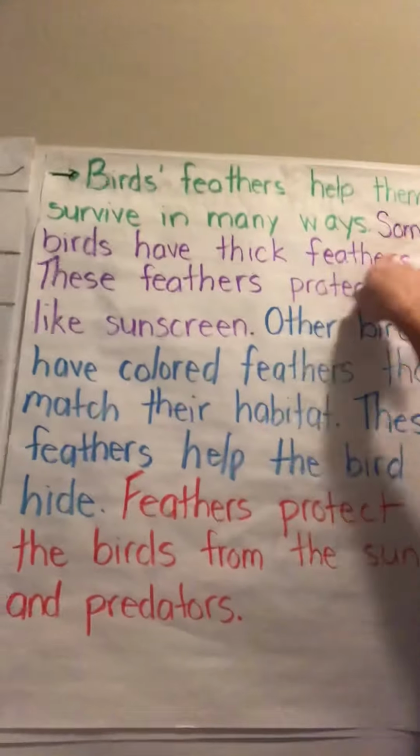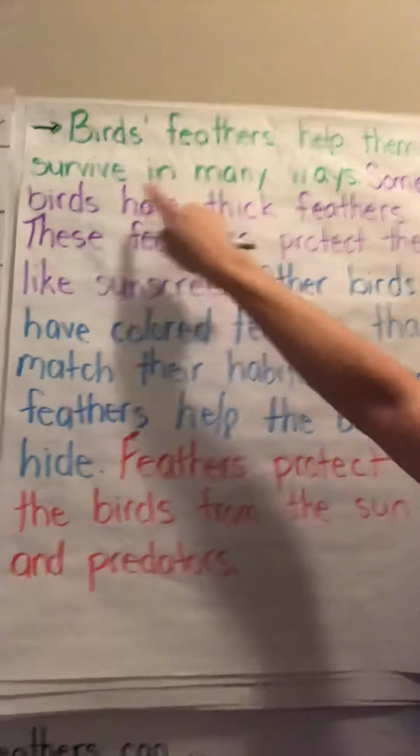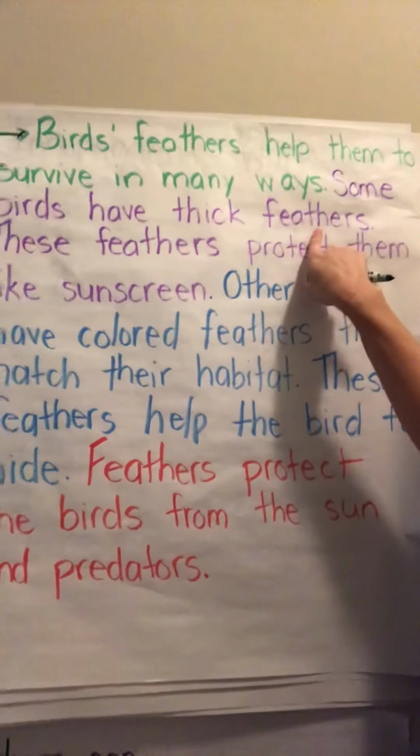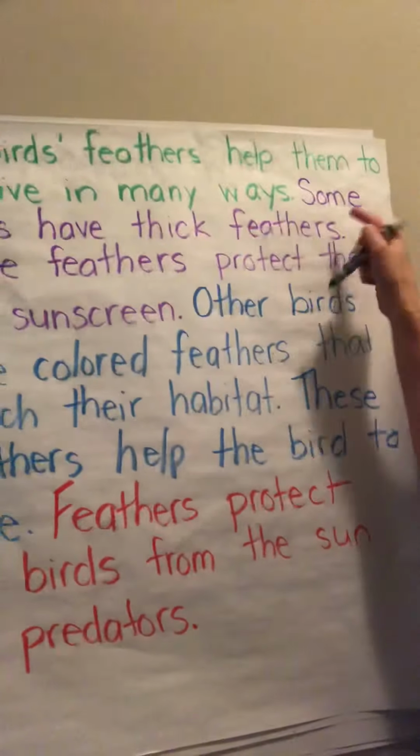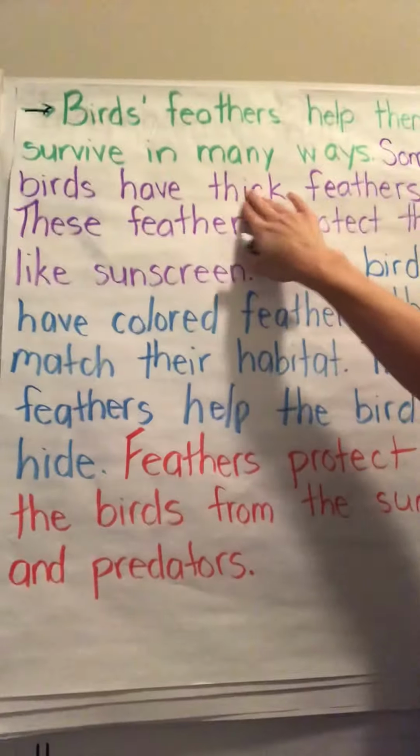Since that's our focus statement, our details have to reflect that. Our details tell us about how the feathers help the bird survive. Our next sentence, in purple, says some birds have thick feathers. That's part one of our first detail. It's telling us what the feathers look like. They're thick.